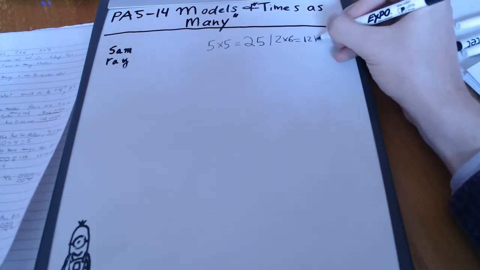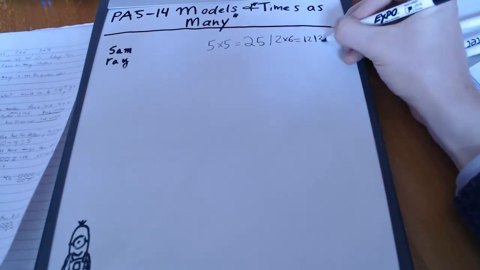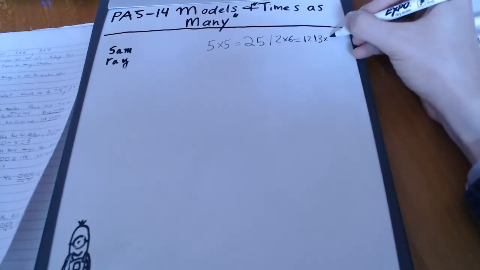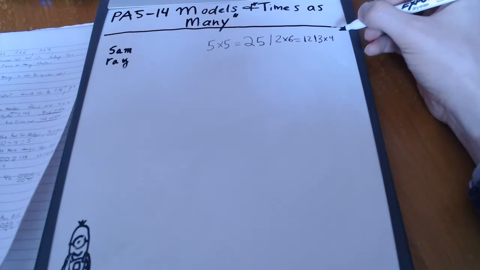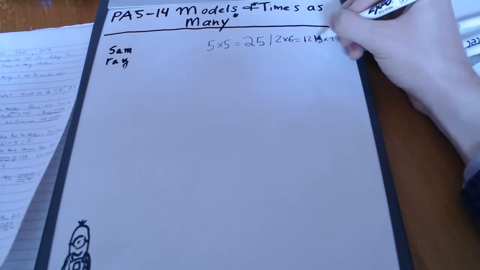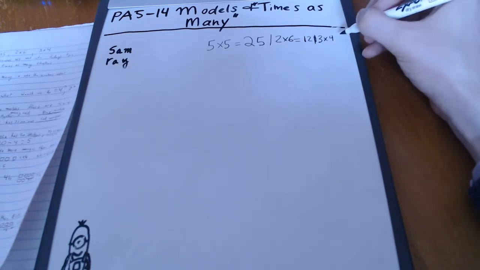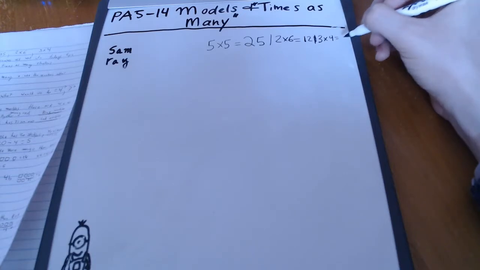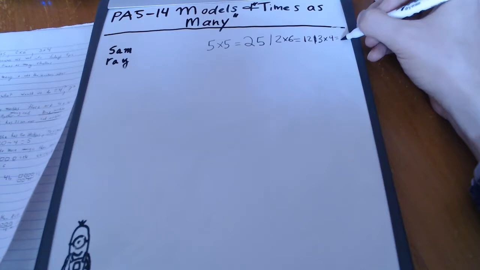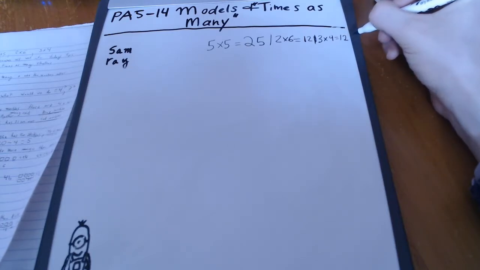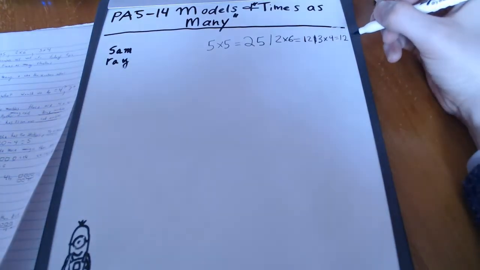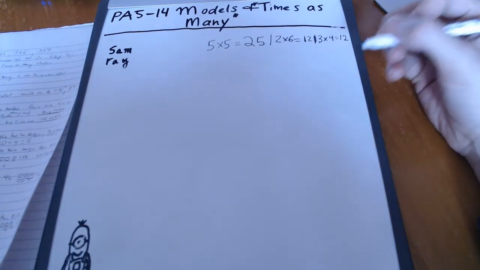And then one more for good measure. 3 times 4. What do you think that one is? Sorry, these are like block lines. 3 times 4 equals okay, so here it is. It equals 12.